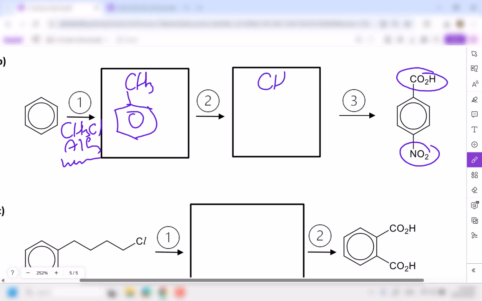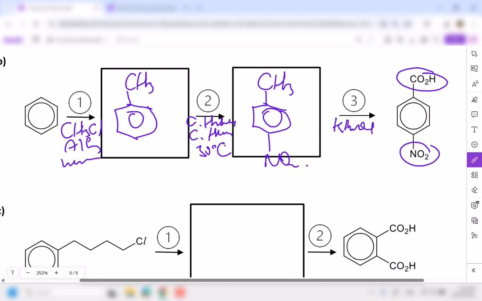I will need to perform electrophilic substitution of NO2 first. So again, the same thing: concentrated sulfuric acid, concentrated nitric acid, maintained at 30 degrees Celsius. And then the final step will be to perform side chain oxidation using KMnO4, H2SO4, heat.